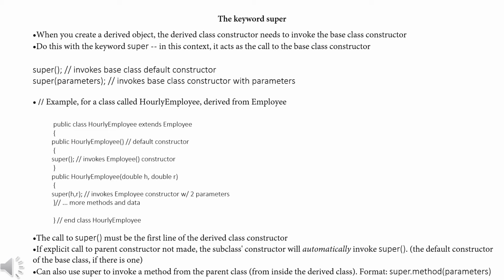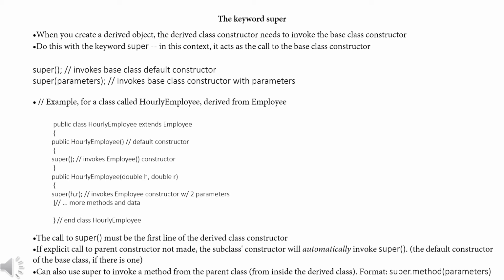And we want inside this constructor to invoke the constructor of the superclass. How? By using the keyword super. So super parentheses, as you see here, it can invoke the employee constructor.